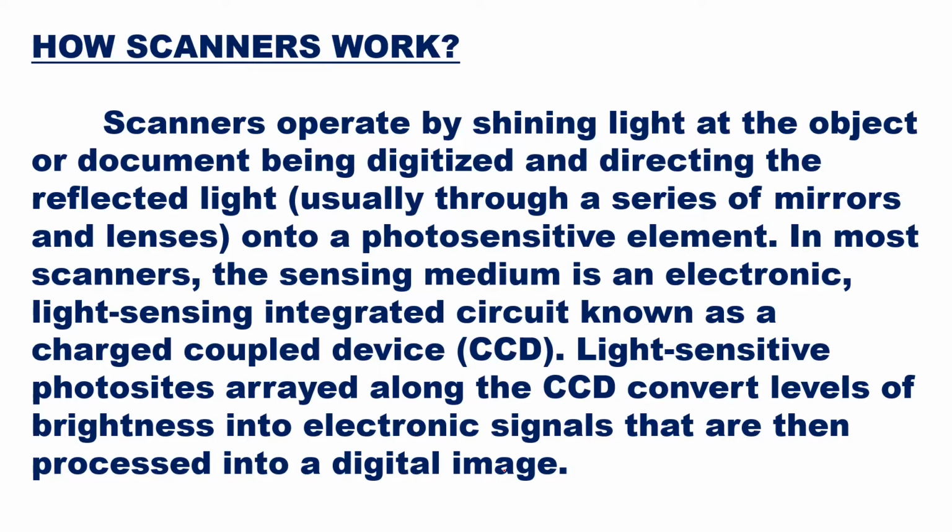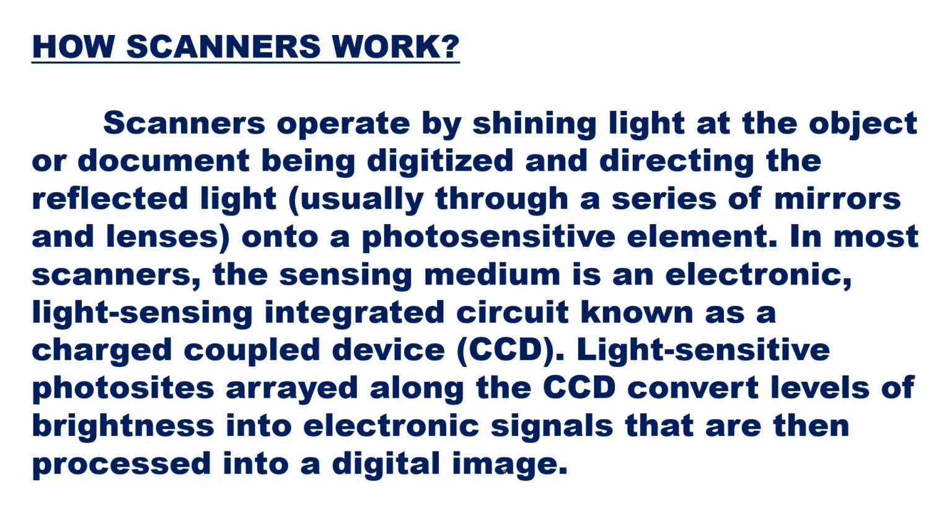Then we can go to see the theory of how scanners work. Scanners operate by shining light at the object or document being digitized and directing the reflected light, usually through a series of mirrors and lenses, onto a photosensitive element.